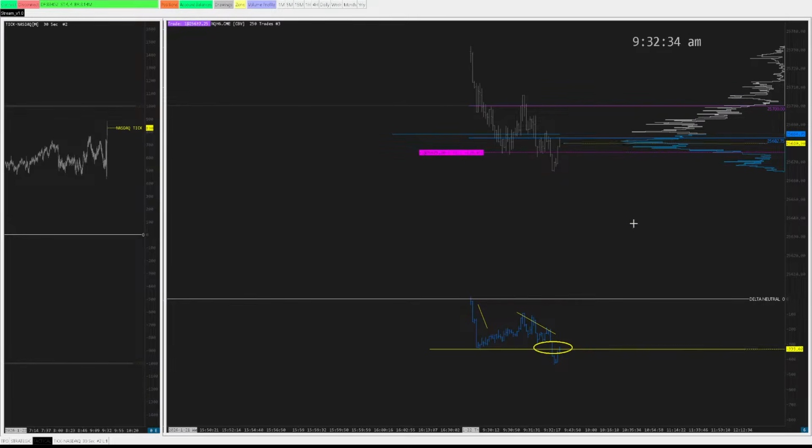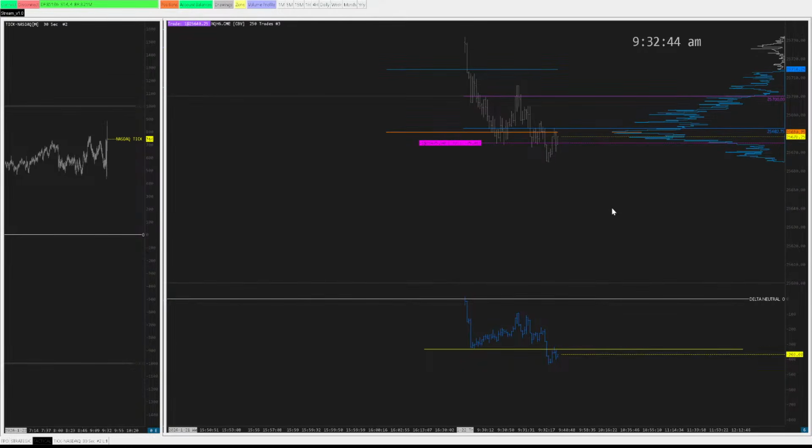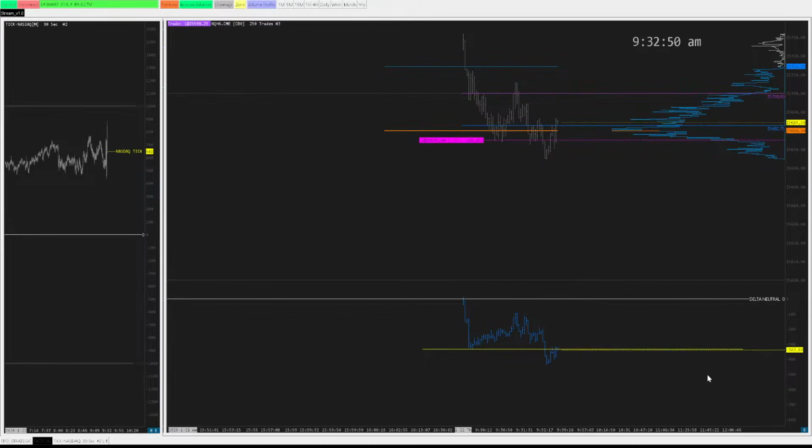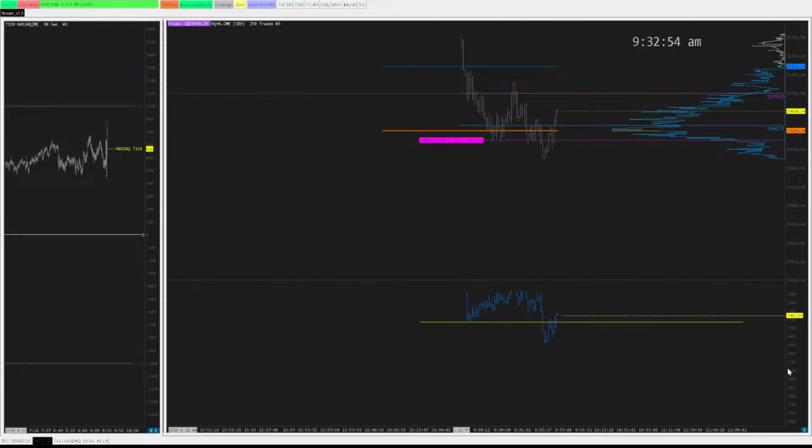So we're just trusting that these guys are going to continue to push it that direction. Not real heavy. It is a full-size contract. Looking for this to drop down to, I don't know, negative 1,000 or 2,000 before we exit.